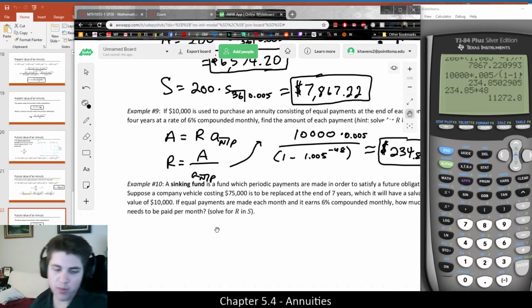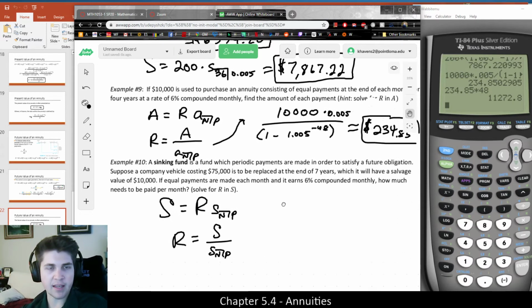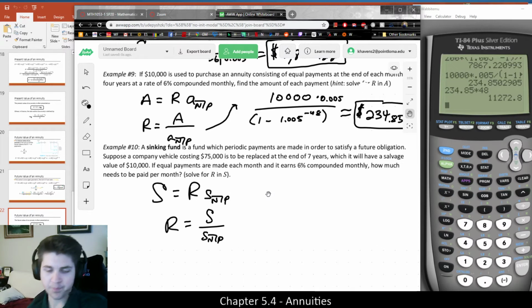Again, we could start with the formula that capital S is equal to R times little s angle n at p, where everything is known except for R, the payment amount. And again, we could find R by dividing both sides by little s n p and plugging in everything in much the same way.